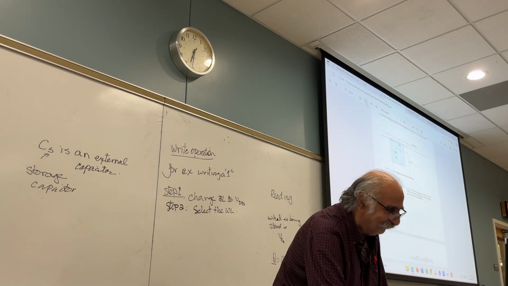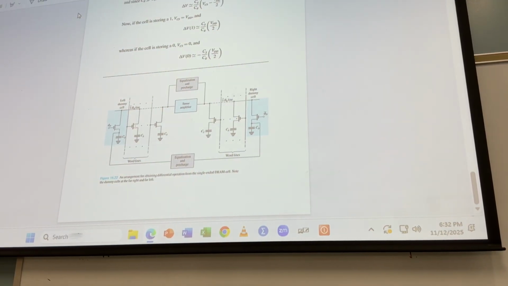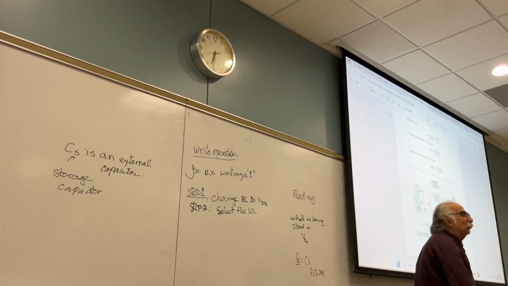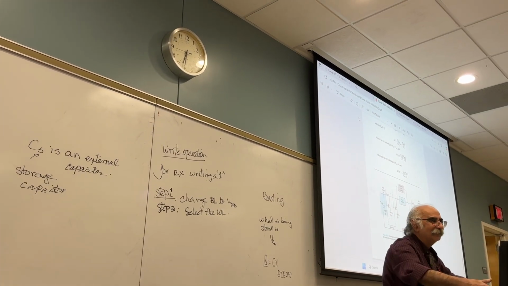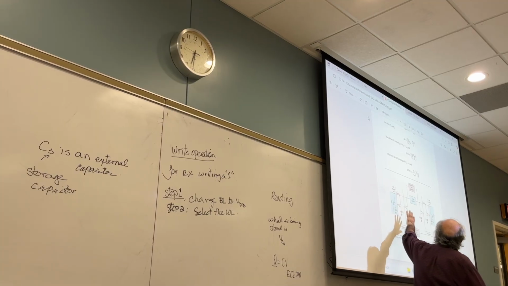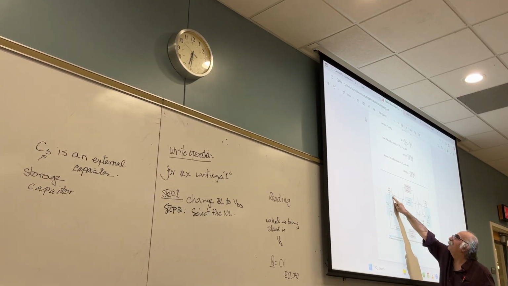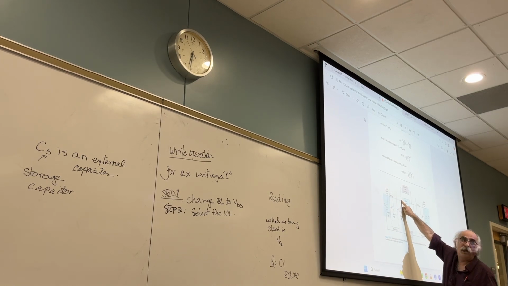Ingenuity. This is the mind of ingenuity. Look what they did. They took the memory and divided it into 2 parts. This is, by the way, half the bit line.